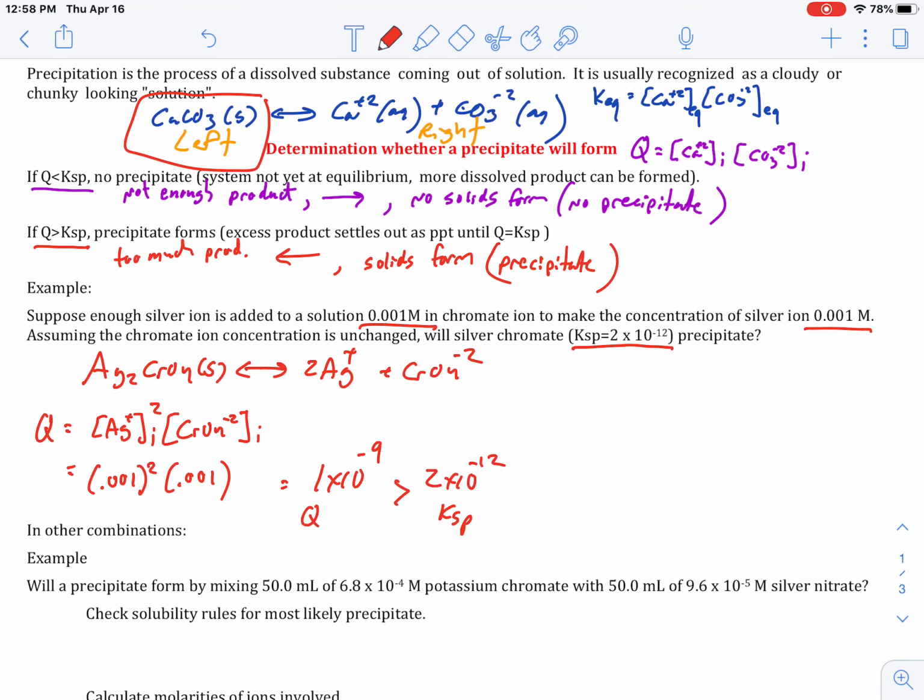So what does that mean? If we have too much product, this reaction will have to go backwards, and if it goes backwards, we see solids form. We see this precipitate. So what we did here is we solved for Q, and then we compared Q to the value of K.